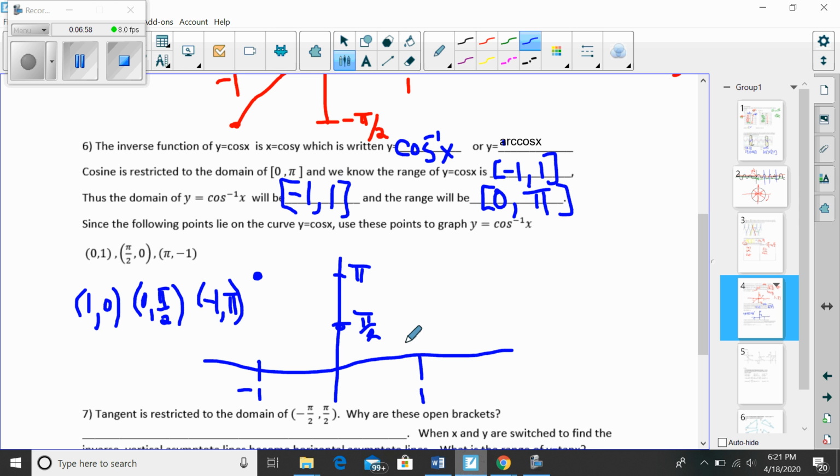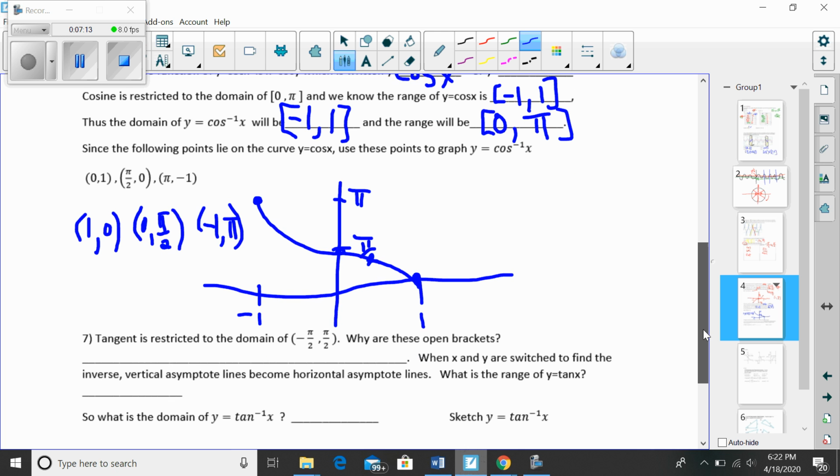And again, they don't connect in a straight line. Okay, this is concave up, this is concave down. All right, and there's my graph for inverse cosine. And moving on to tangent.